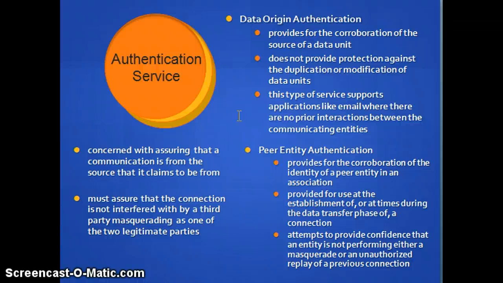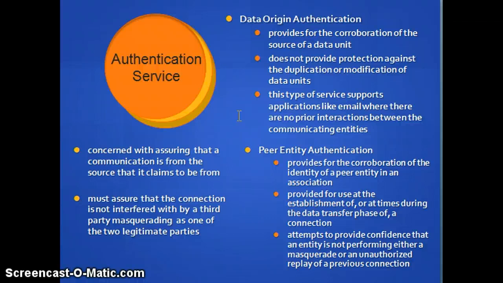Let's go here with the authentication service, the first category of the security services, which is concerned with assuring that a communication is from the source that is claimed, meaning the exchange of identity between the source and destination.